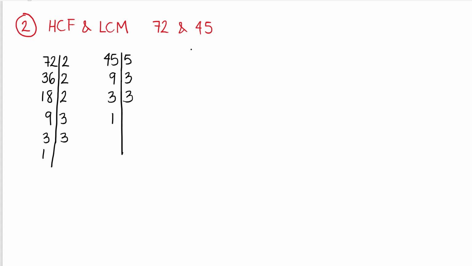Beautiful. When I write that down, I'm going to write 72 as a product of its prime factors. In this case, I don't have to use index notation, okay? So I'm just going to list them.